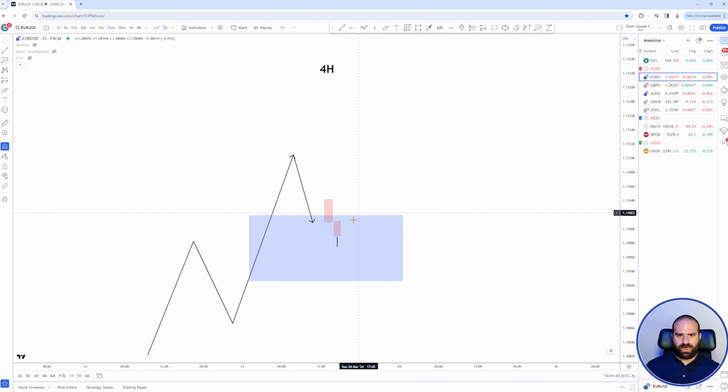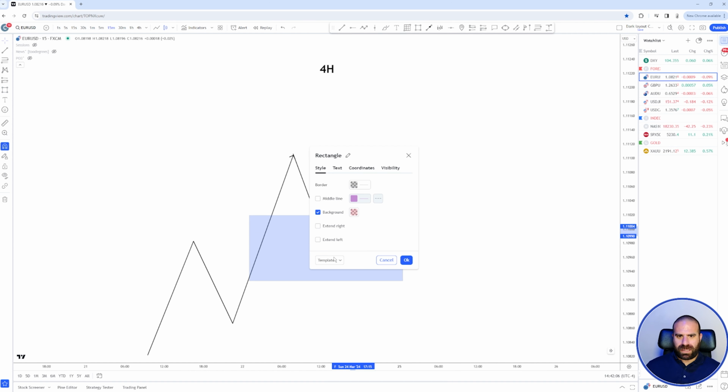So what you will be doing in this occasion is one of two things. You will be trying to identify some form of equal lows. Let me draw it for you.